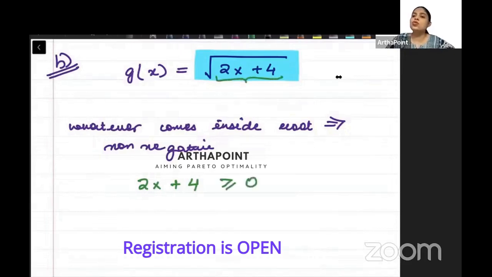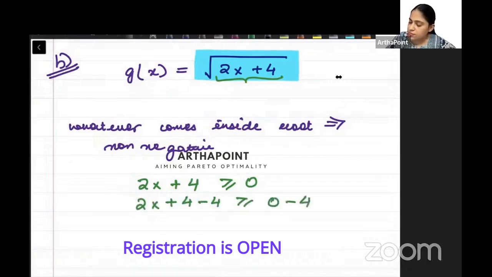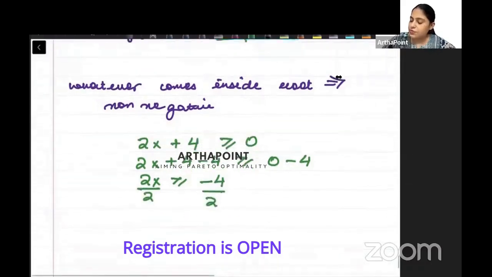than or equal to 0. So if I just subtract 4 from both sides, we will get 2x greater than or equal to minus 4. I can divide by 2 on both sides.